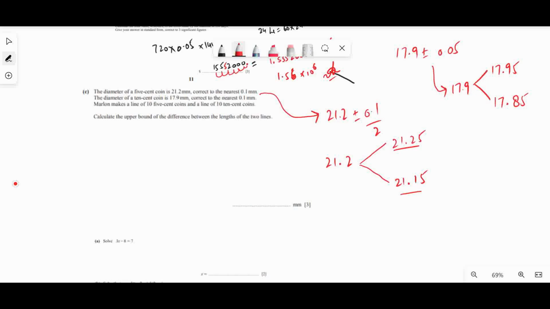Now further they are saying that Marlon makes a line of 10 5-cent coins and a line of 10 10-cent coins.